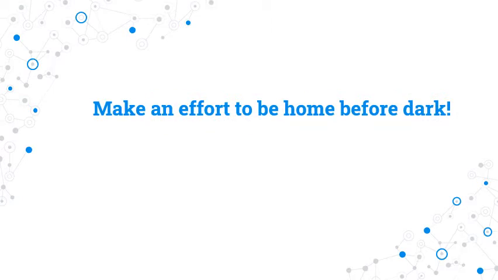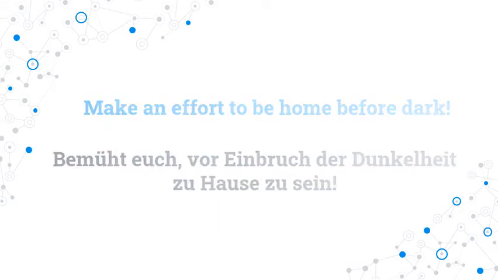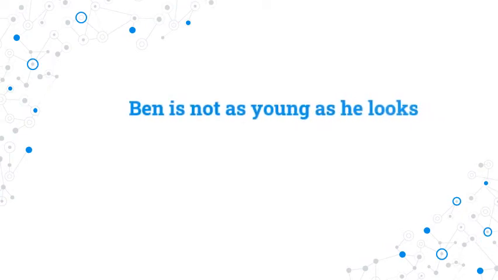How do you say, make an effort to be home before dark, in German? Bemüht euch, vor Einbruch der Dunkelheit zu Hause zu sein. How do you say, Ben is not as young as he looks, in German?